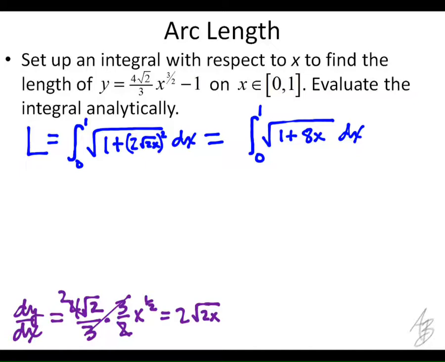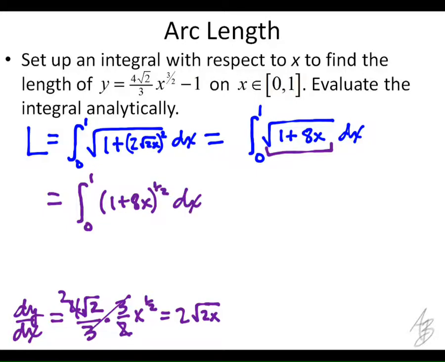So it would be a good idea here to write this integrand as a power. So that would be the integral from 0 to 1 of (1 plus 8x) to the 1 half with respect to x.